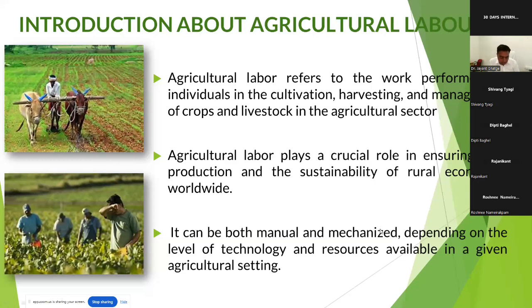Agriculture labor involves manual work in farming activities like sowing, harvesting, and also irrigation. Labor scarcity is the main issue that increases due to urbanization and employment in the non-farm sectors.